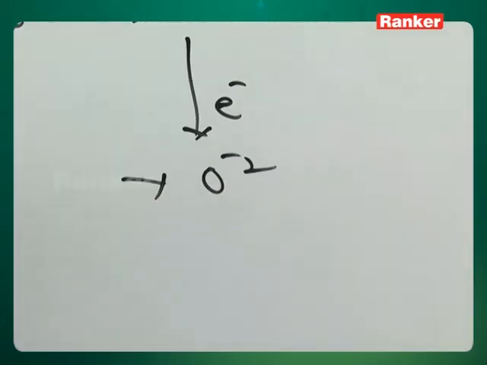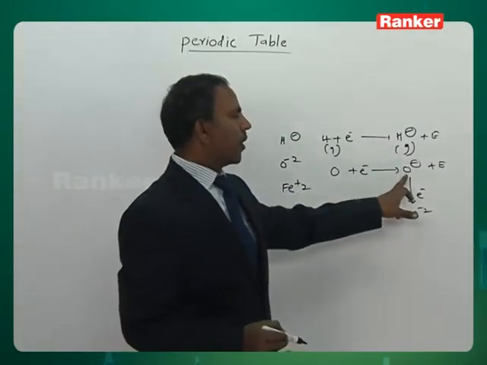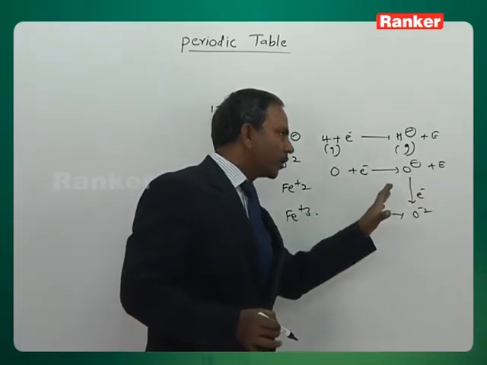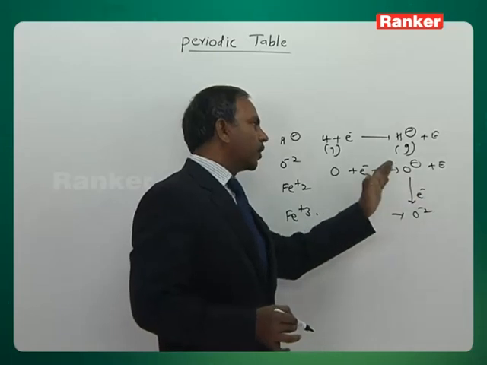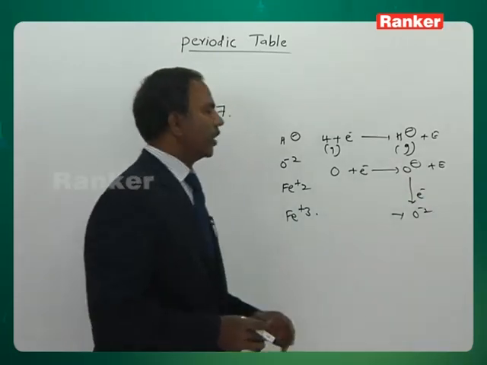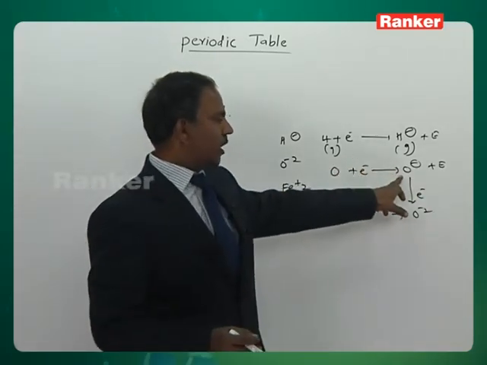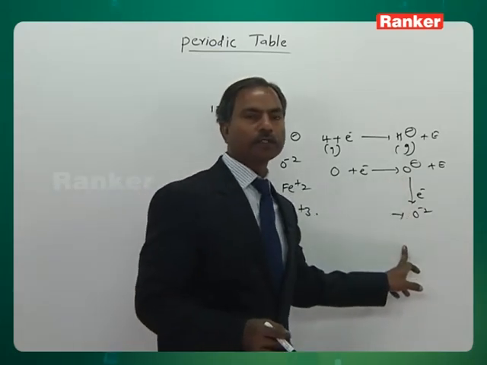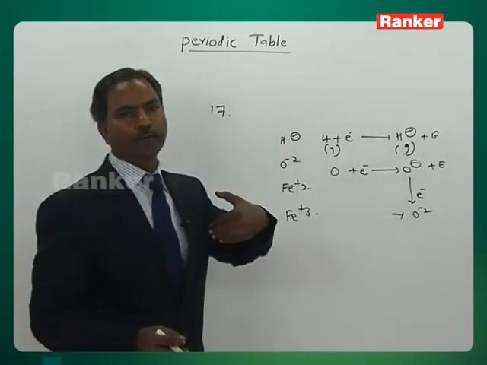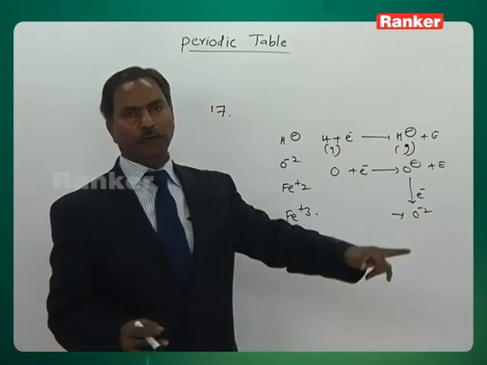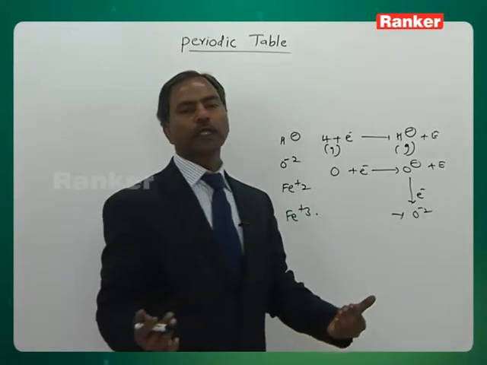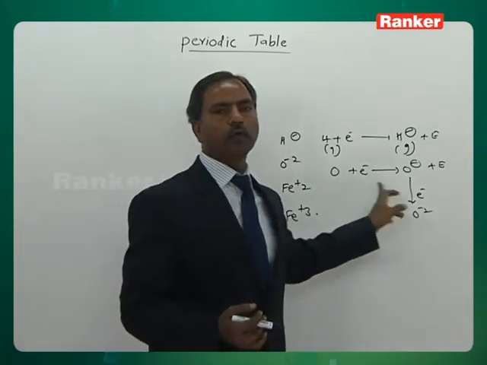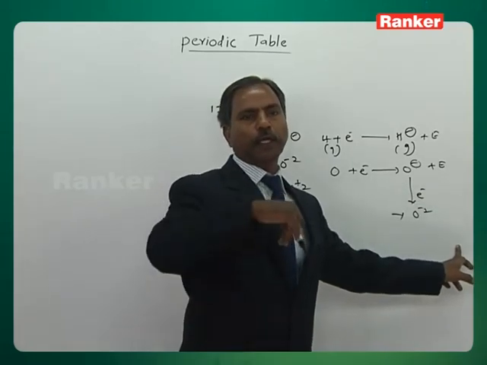We have to supply energy to O minus to push the electron in. The second electron affinity of oxygen is always endothermic. First electron affinity is exothermic, but second electron affinity is endothermic. Therefore, conversion of O to O minus 2 absorbs energy.